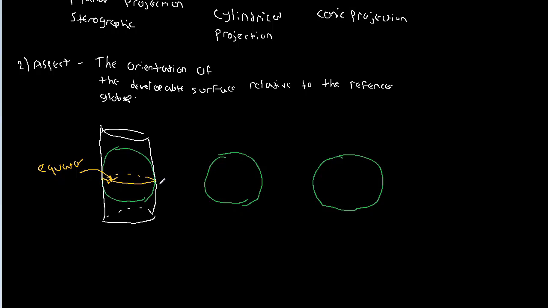And so when we have the developable surface as a cylinder oriented north-south, or in the case of a planar, if the plane is sitting on the equator, we tend to call this orientation equatorial, because it's targeted on the equator.